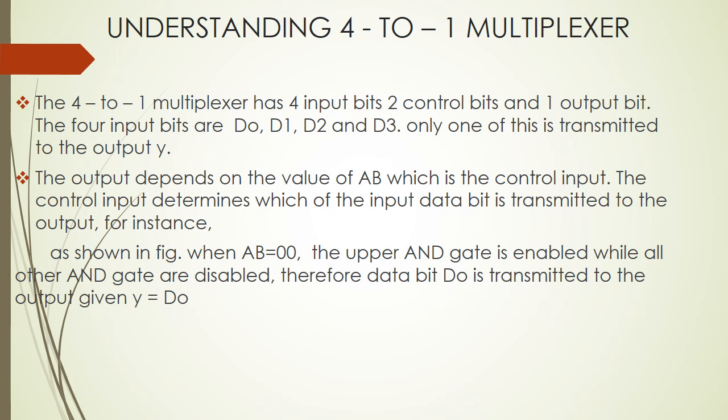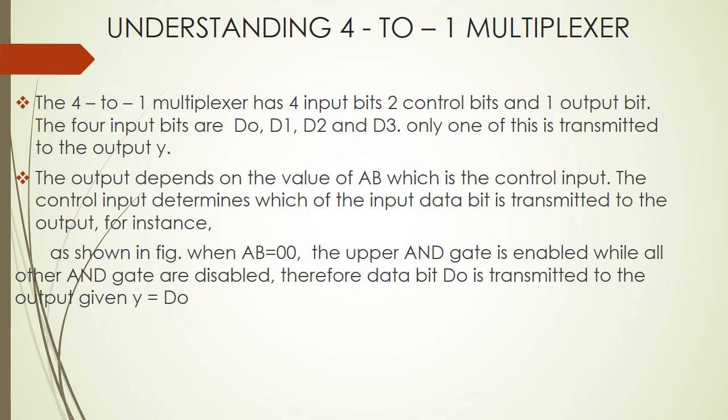The control input determines which input data bit is transmitted to the output. As shown in the figure, when A and B are equal to 0, 0, the upper AND gate is enabled, while all other AND gates are disabled. Therefore, data bit D0 is transmitted to the output, so Y is equal to D0.